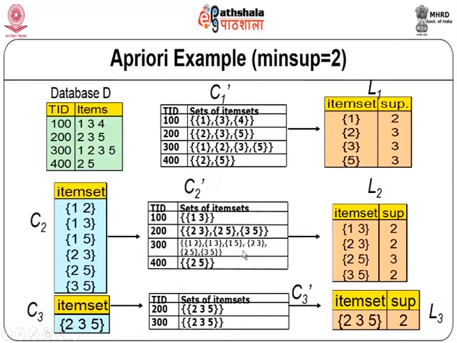Having identified the frequency for each candidate 2-item set, next you will have to apply the prune step. Here in the prune step, you verify which 2-item sets in this candidate set satisfy the minimum support. The 2-item sets that satisfy the minimum support are listed here as part of the L2 table. So, item sets 1 comma 3, 2 comma 3, 2 comma 5 and 3 comma 5 are those that satisfy the minimum support count. Therefore, only these 4 2-item sets will be considered as frequent 2-item sets.